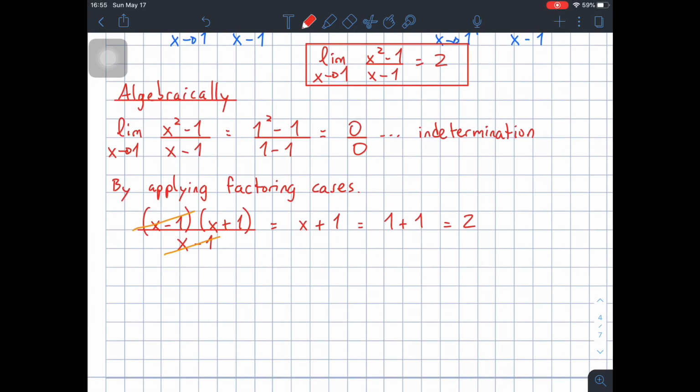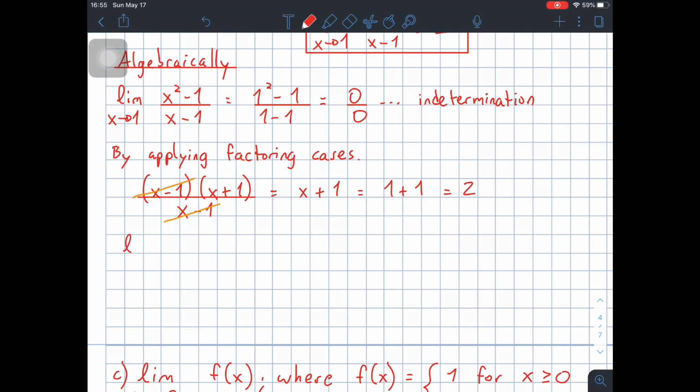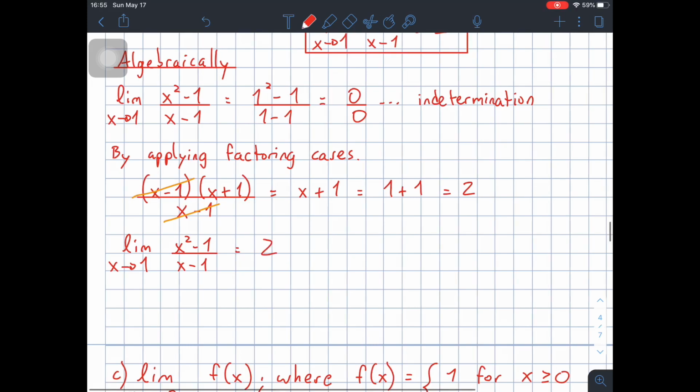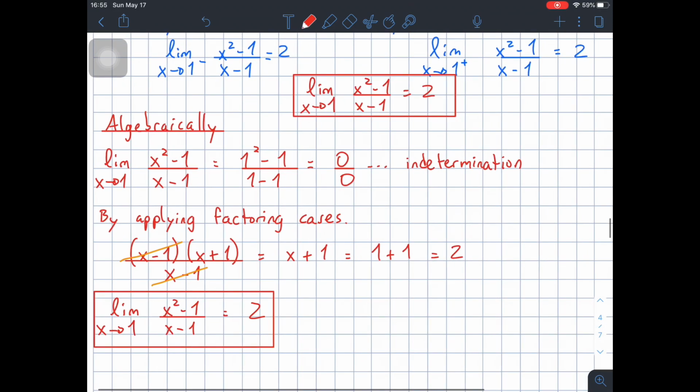So finally we would write this as the limit of x squared minus 1 over x minus 1 when x approaches 1 is equal to 2, this value we got over here. Okay, that's how you find the limit of a function algebraically.